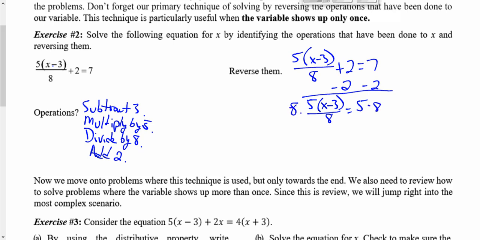They cancel. 40. And now what? Divide both sides by 5. Sorry, I'm getting a little sloppy because I'm trying to reach. That leaves us with x minus 3 equals what? 8. And finally what? Add 3. Yeah, x equals 11.